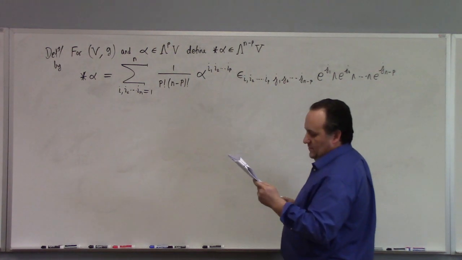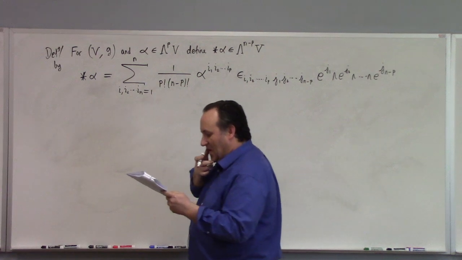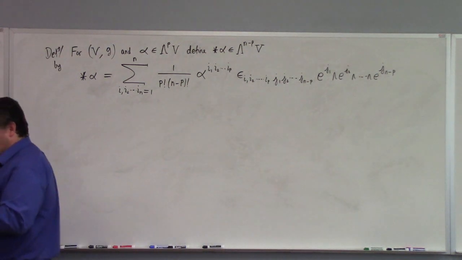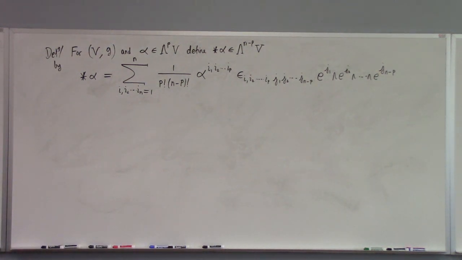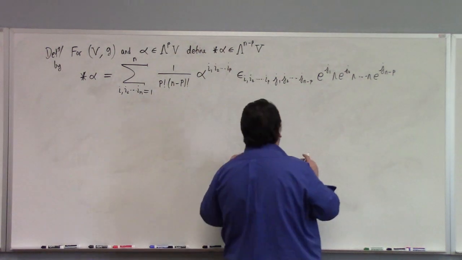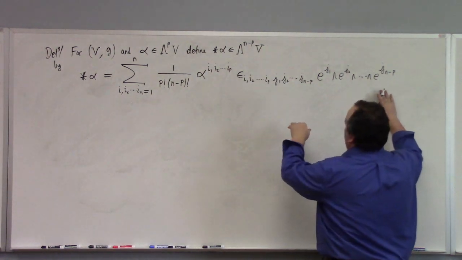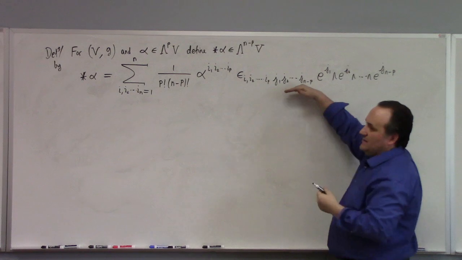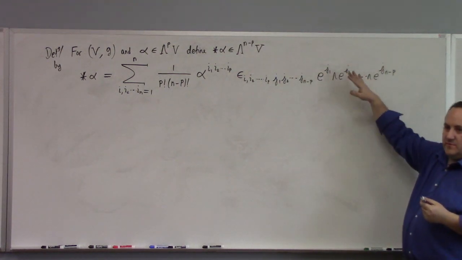And I see my notes are missing something here. In physics writing, if there's an index which is up and down, it's assumed to be summed over.